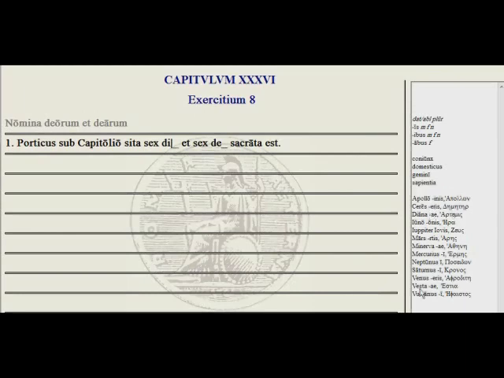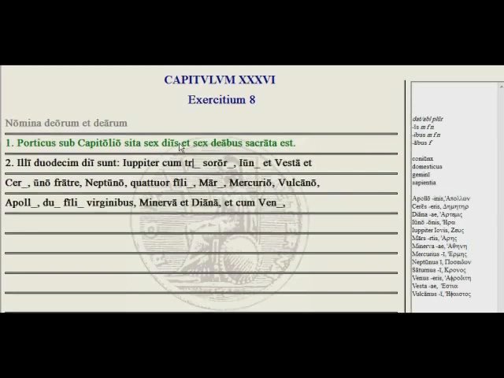So pay attention to the names as you try this exercise. So we have the Porticus sub Capitolio sita sex blank et sex blank sacrata est. The portico situated under the Capitoline Hill was dedicated to six gods, deis, and six deabus, that new form from dea.